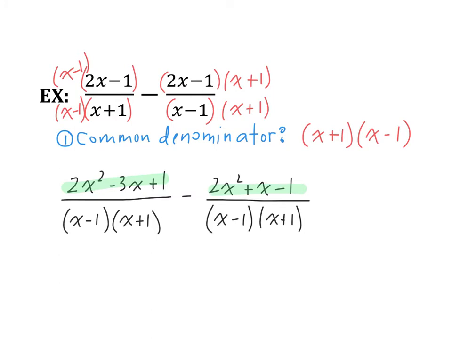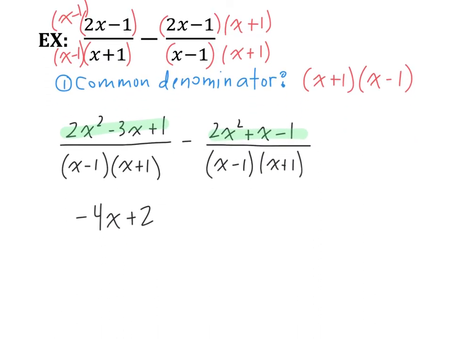Okay, so gathering up our like terms, we have 2x squared minus 2x squared. So guess what? Those go away. Negative 3x minus x. So that puts us at negative 4x. And then finally, plus 1 minus a negative 1 goes to plus 2. And we're going to keep our denominator of x minus 1, x plus 1.